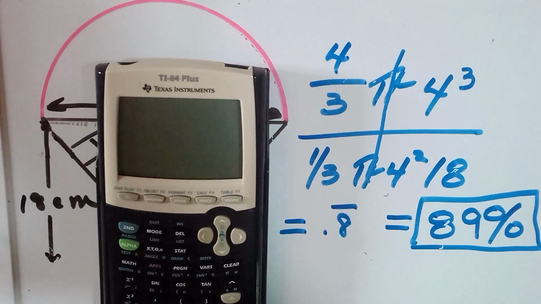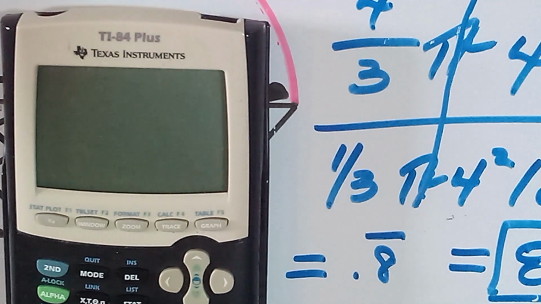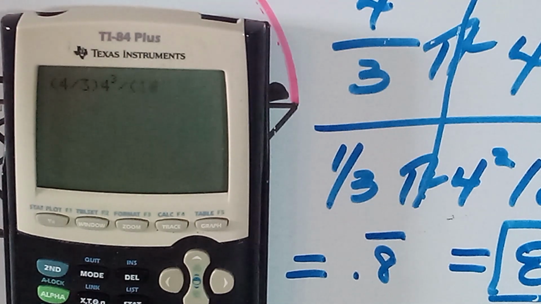I'm going to try to zoom in here a little bit so you can see the calculator. And I'm going to tell you right up front, I'm going to do this the wrong way the first time around. Maybe you can take a look at my results and see if you can pick up what I'm doing wrong. So it's 4/3 times 4 cubed divided by 1/3.